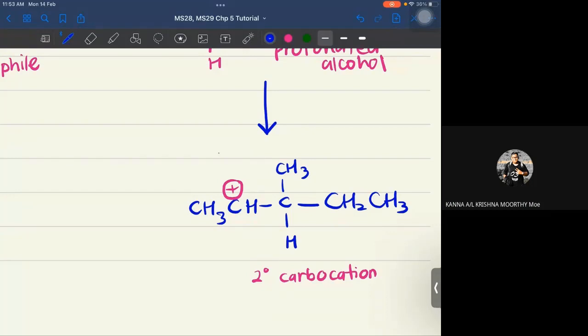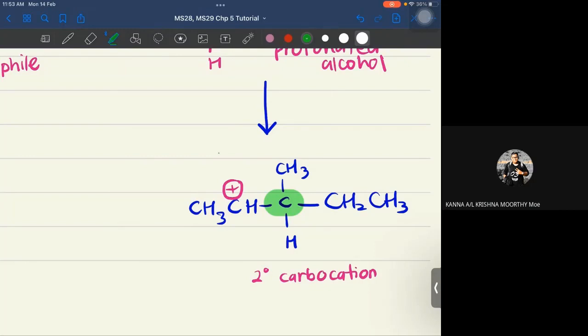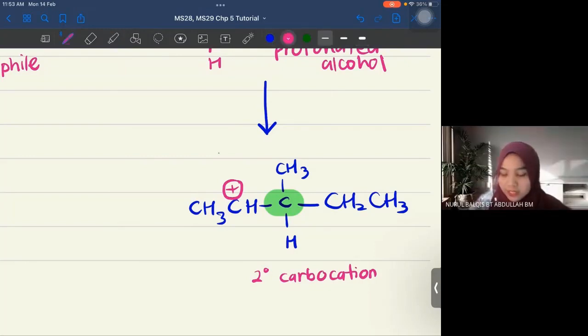I pernah cakap, if you got both hydrogen and methanide on your carbon, who do you think going to be shifted? Hydrogen or the CH3? Hydrogen. Okay, always go for hydrogen because it is much easier for you to transfer this hydrogen sebab dia much more smaller as compared to the methanide.